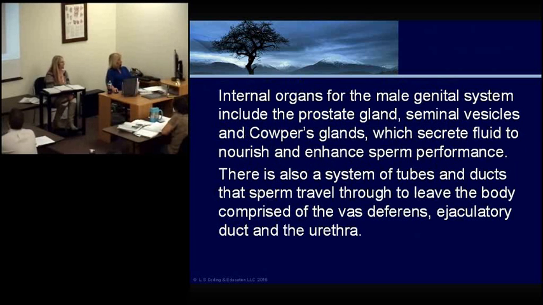Internal organs for the male genital system include the prostate glands, seminal vesicles, and Cowper's glands, which secrete fluid to nourish and enhance sperm. There's also a system of tubes and ducts that sperm travels through to leave the body, comprised of the vas deferens, the ejaculatory duct, and the urethra.